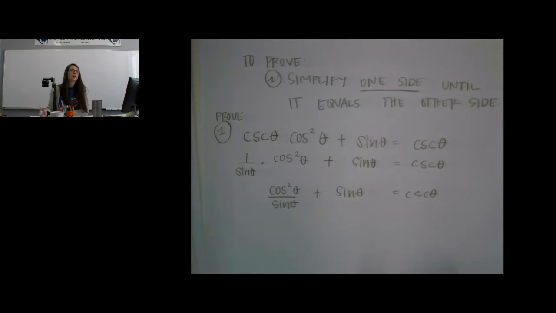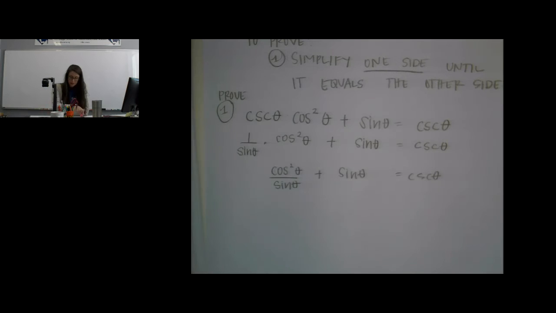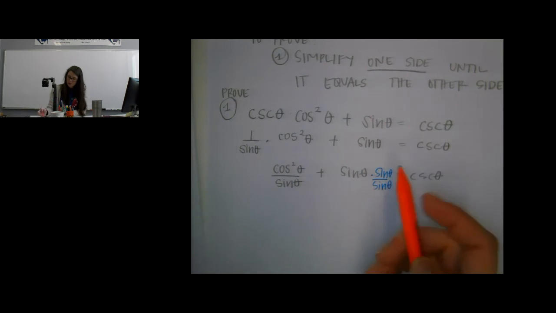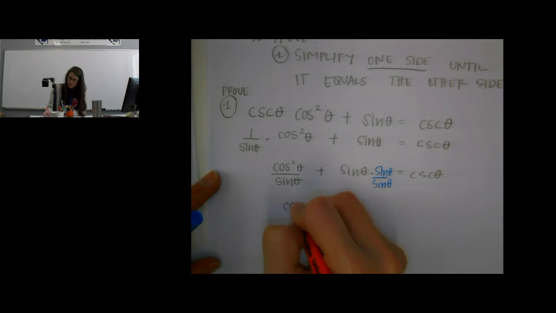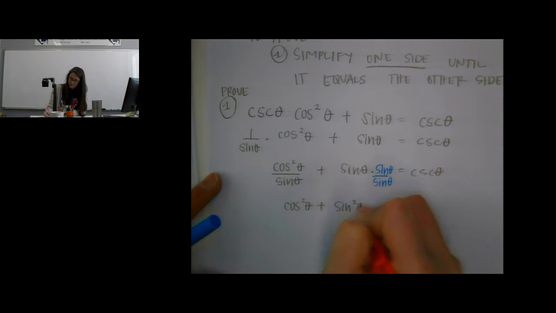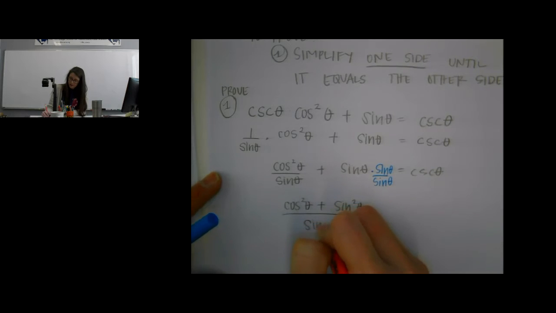So then what can I do? Get a common denominator here. This one is going to need a sine, right? So I'm going to multiply by sine over sine. So I'm going to end up with sine squared here. So I'm going to have a cosine squared theta plus a sine squared theta all over just a sine of theta.